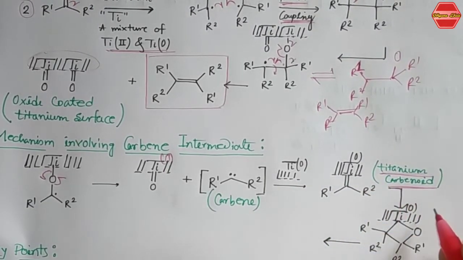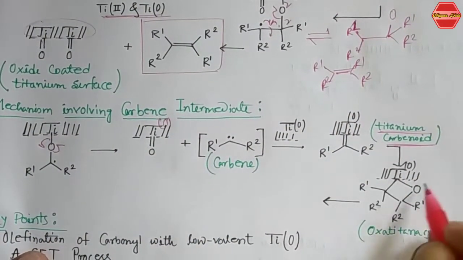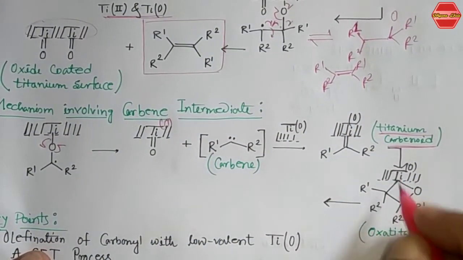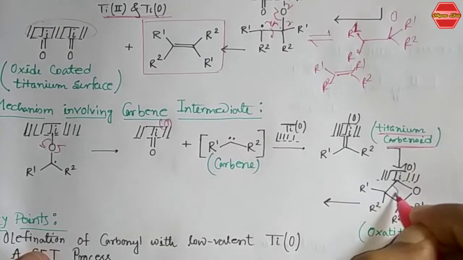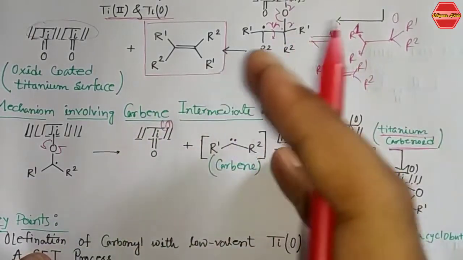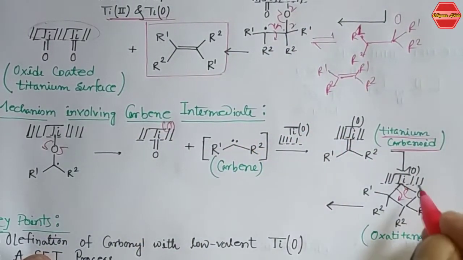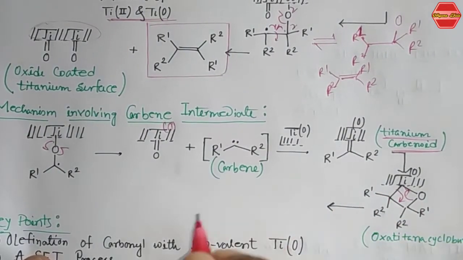Now this titanium carbenoid can react with another ketone molecule that we have, in this way. Now this can be broken in this way. You can see the Wittig reaction, where the oxaphosphetane system can break in this way, and you are getting the final product.